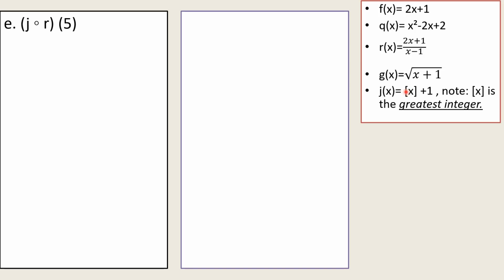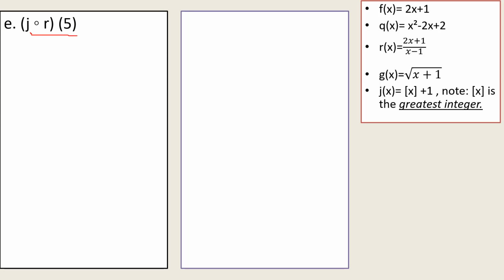Okay? The greatest integer would be the whole number that we can get from a value. I will explain it later in the process. So, let us first do the composition solution. Before the solution, let us identify the main function.